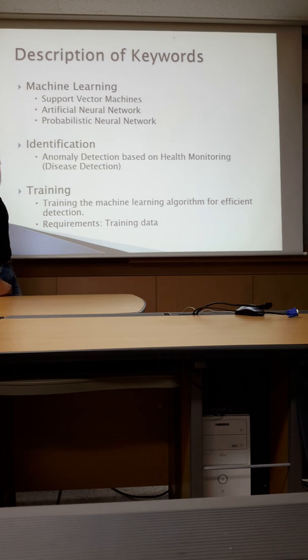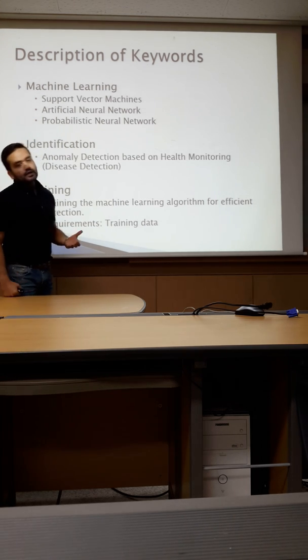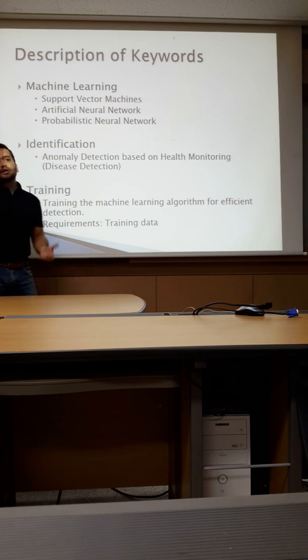The description of the keywords: support vector machine is a machine learning algorithm in which we first train a support vector machine with some input data. For example, if we need to train on video based data, then we need more than 10 to 15 videos, depending on the frame rate and number of frames that they contain.